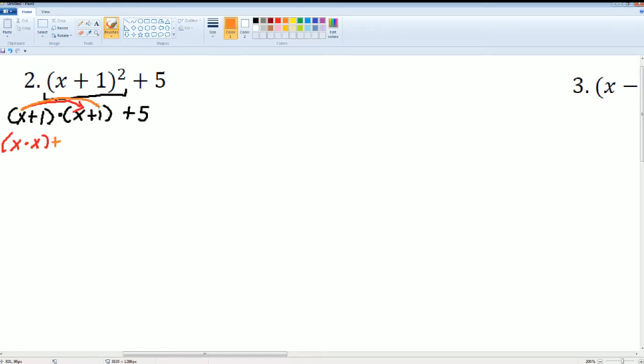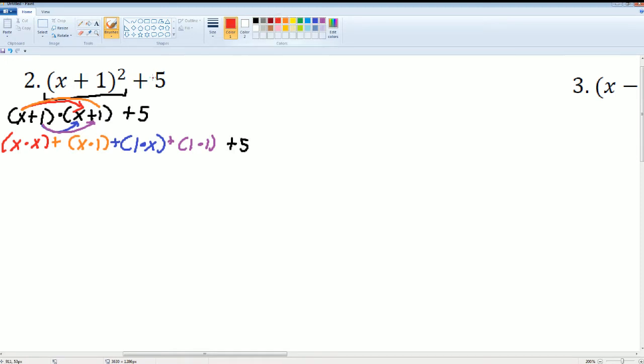O, the outer, x times 1. I, the inner, 1 times x. And last, 1 times 1. Bring down the 5 as always.